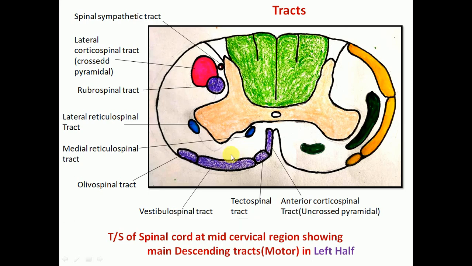Lateral corticospinal tract is present within the lateral white column, and according to the name, corticospinal means origin is from the cerebral hemisphere and termination within the spinal cord. So what is a tract? Tracts mean a collection of nerve fibers which have the same origin, course and termination within the central nervous system.